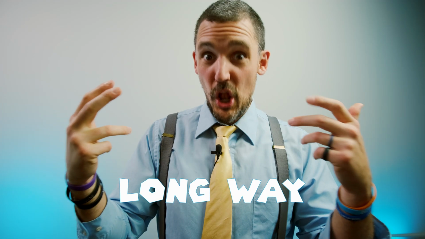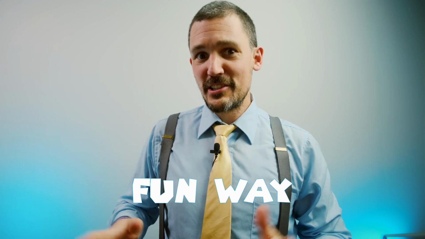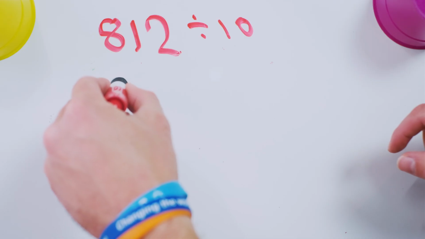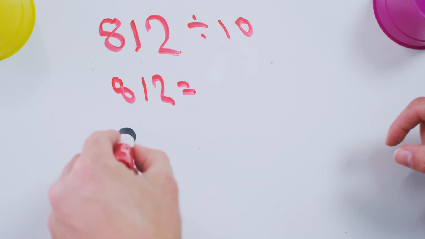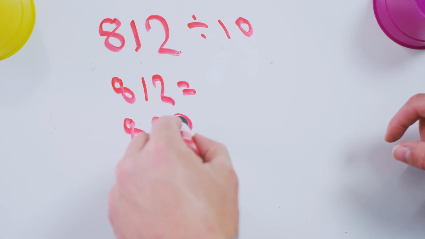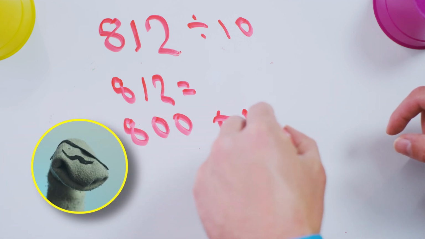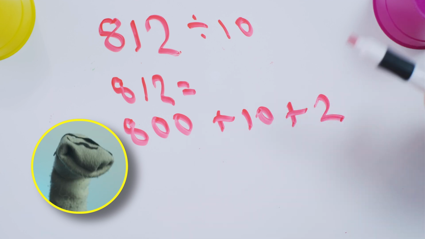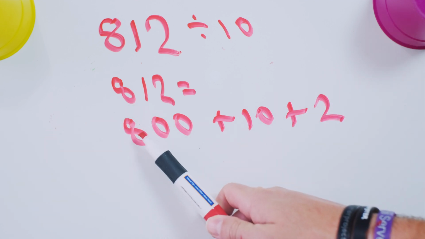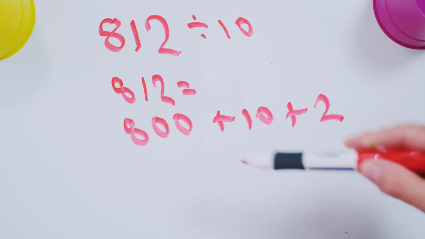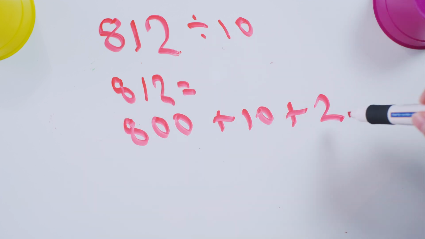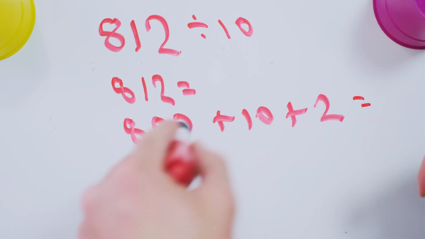Now that we've got the long way out of the way, let's do it the fun way. 812 is equal to 800 plus 10 plus 2. It's in the name, 812. 800, 10, and 2. Okay, so where does that lead us? I'm glad you asked.